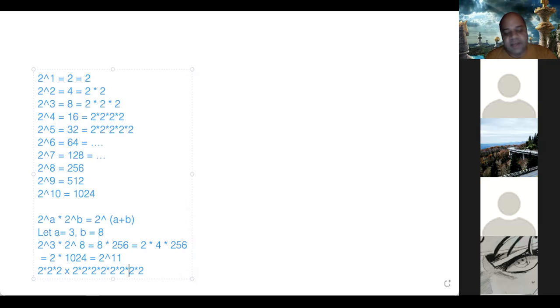Because here there is 3 and here is 8, right? So this is nothing but 2 raised to 11, and that is nothing but 2 raised to 3 plus 8. Correct? So this is true for any number. Any A and any B you choose, this thing holds. 2 raised to A into 2 raised to B is nothing but 2 raised to A plus B.